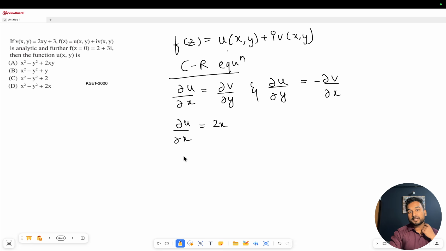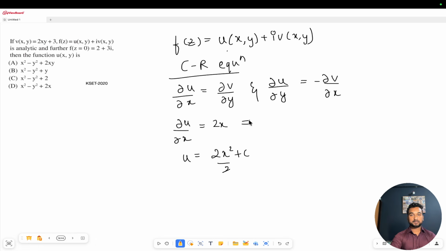Integrating this, you will get 2x square upon 2 plus c.